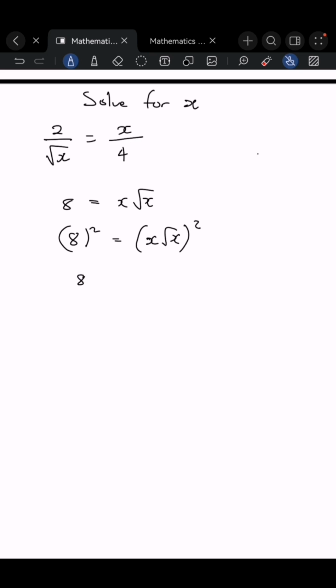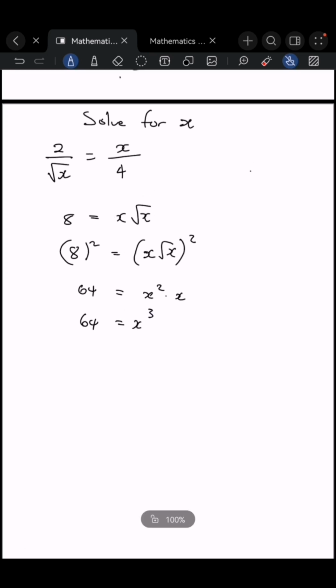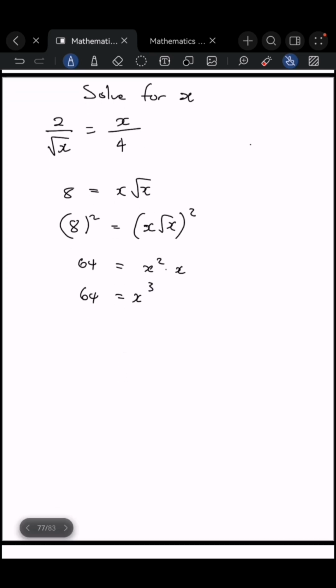We're going to have 8 times 8, 64 is equal to x squared times x. 64 is equal to x to the 3. 4 cubed rather is equal to x cubed. Therefore, x is equal to 4.